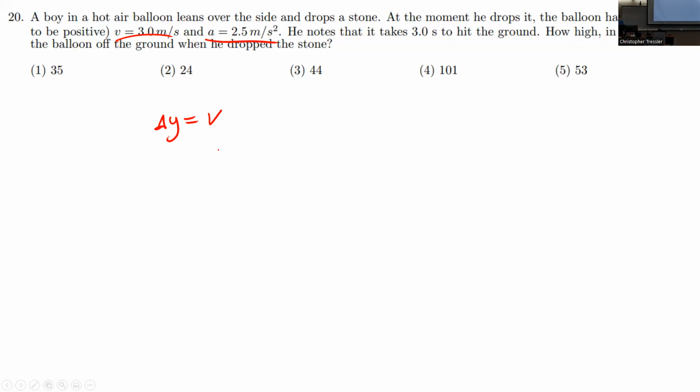Yeah, you're right. I believe you're taking up to be positive. Because it says taking up to be positive, and then it gives us a positive velocity here, that means that it is going up.